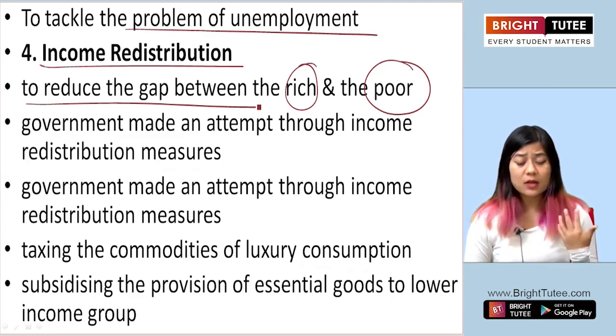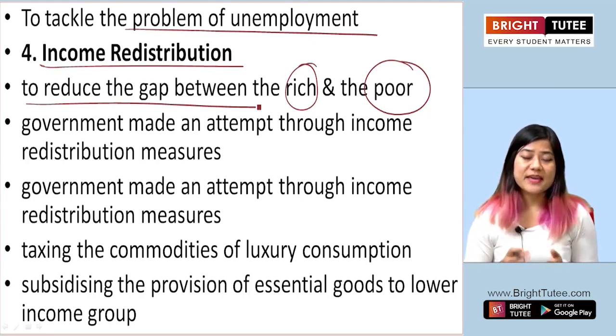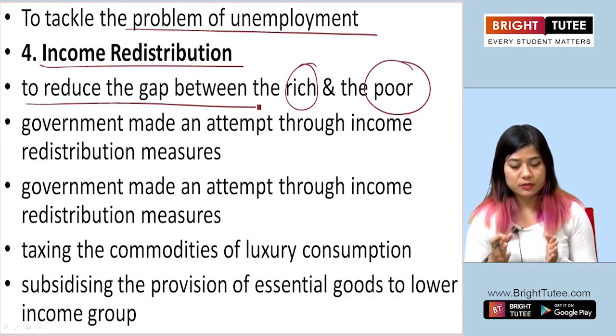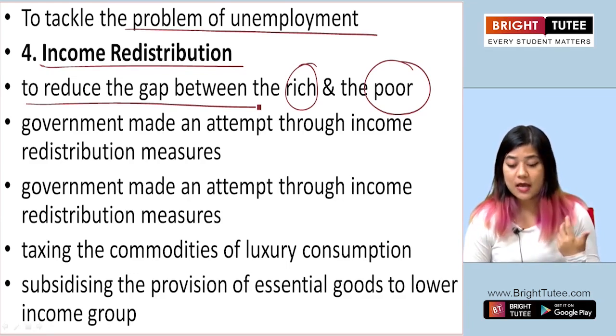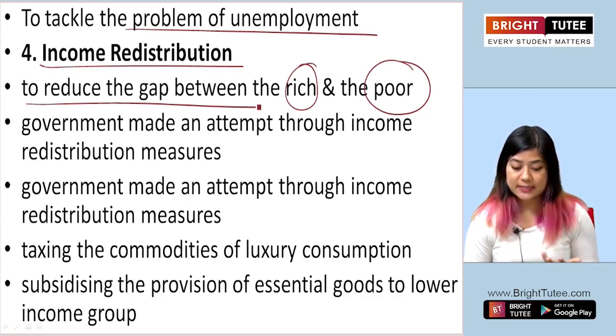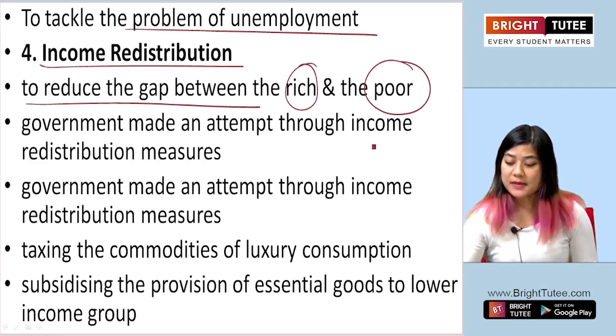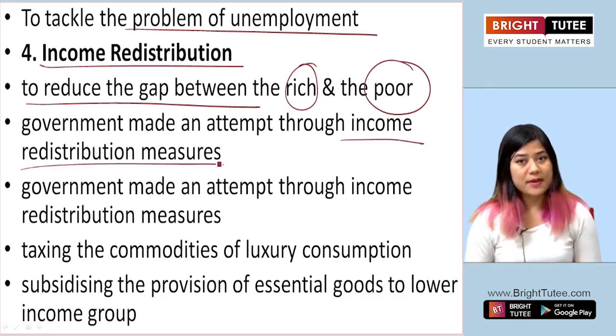Now the government here also makes sure that this widening gap is reduced. And how does the government do that? The government does this by some income distribution measures.